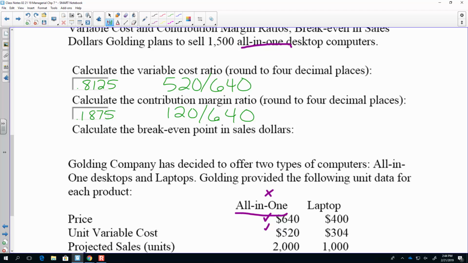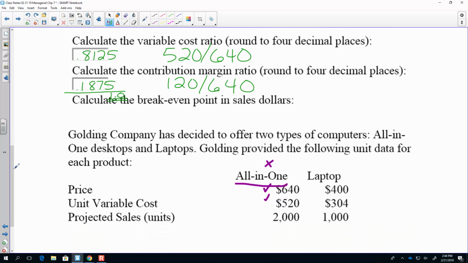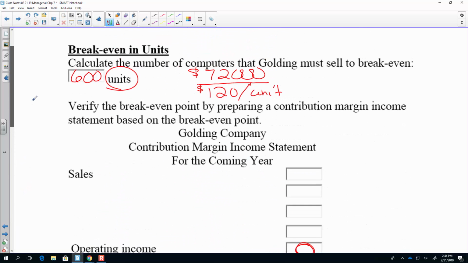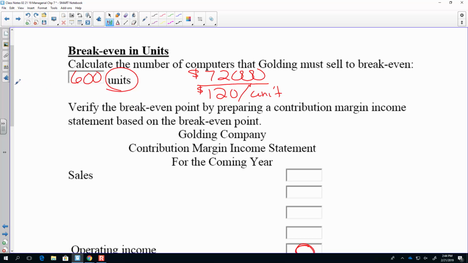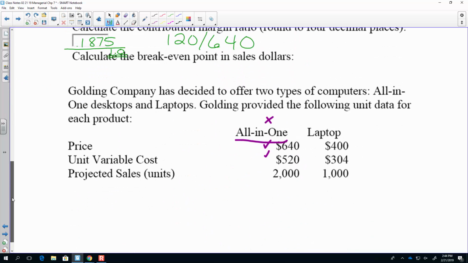Remember the two together have to equal 1, right, or 100%. So now at this point, we can do what we wanted to do before, take our fixed cost, divide by 0.1875, right? Our fixed cost was 72,000.